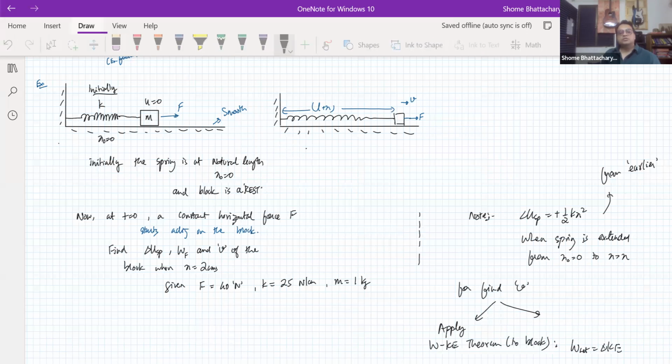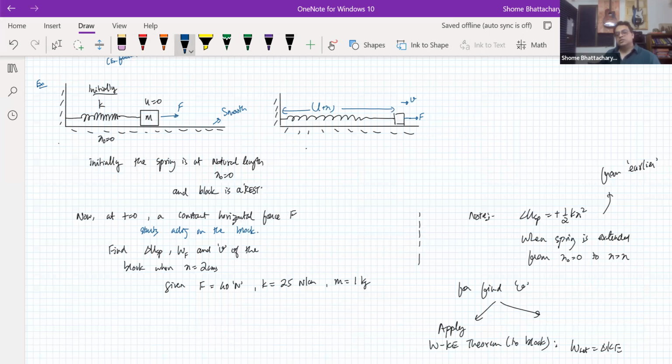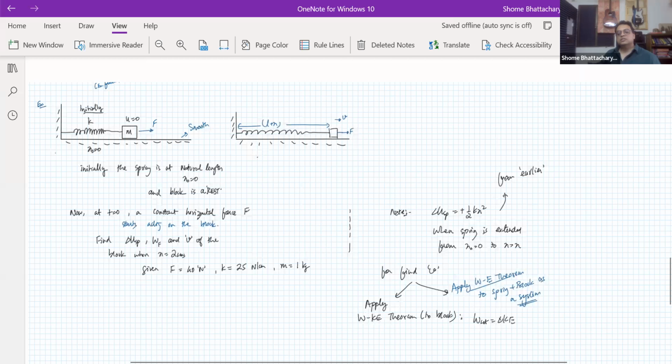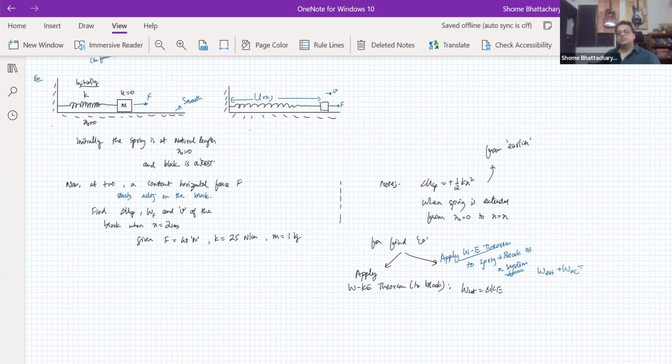Or our second option, which is the option that we have just learned just now, is that we can apply work energy theorem to the spring plus block as a system. So in that case, what we'll say here is that not net work done, but work done by external agent plus work done by any non-conservative force is change in kinetic energy plus change in potential energy. So two different ways of applying the same set of concepts.